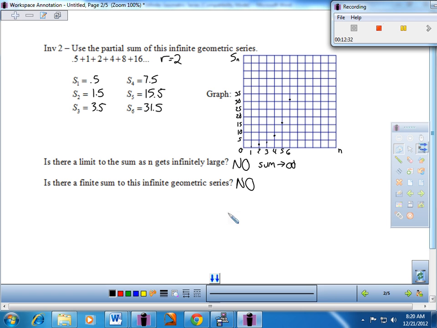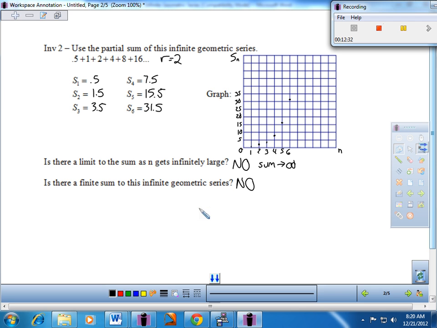But what's the major difference between the two investigations? And if you can see, it's all based on R. In the first one, the R value is 1/2, and in the second one, the R value is 2. And so we did not include negatives, by the way, here, and we'll get into that piece in just a minute. But essentially, here's going to be the key for us to be able to get a finite sum in an infinite geometric series.